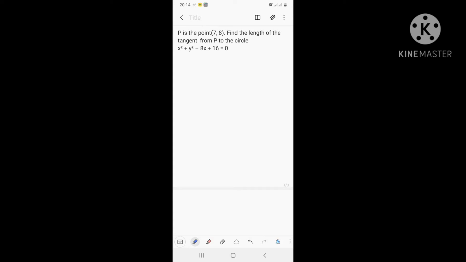Students mostly complain that this is time consuming, and sometimes they make mistakes finding the radius, the hypotenuse, and before they get to the length of the tangent, they miss a step.